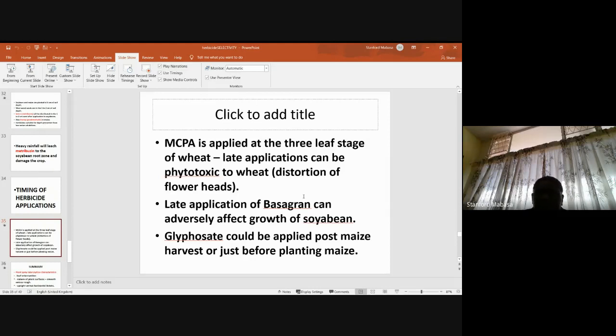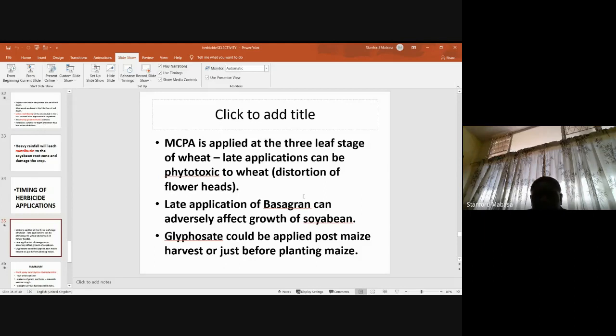It is recommended that MCPA should be targeted at the 3 leaf stage of wheat. Any later applications can cause phytotoxicity to wheat. This is actually observed as distortions of flower heads, but sometimes this may not affect grain yields.